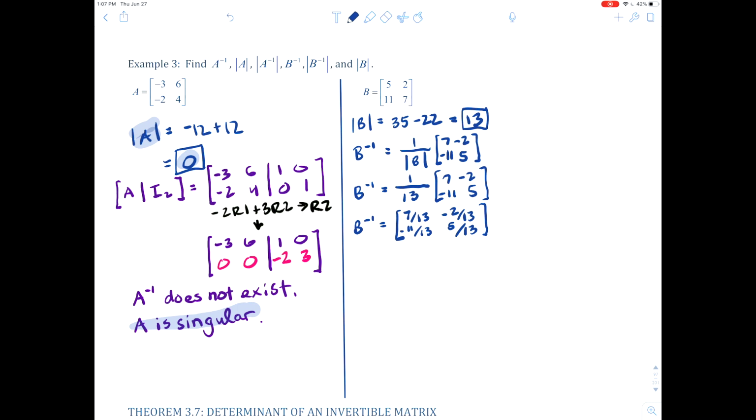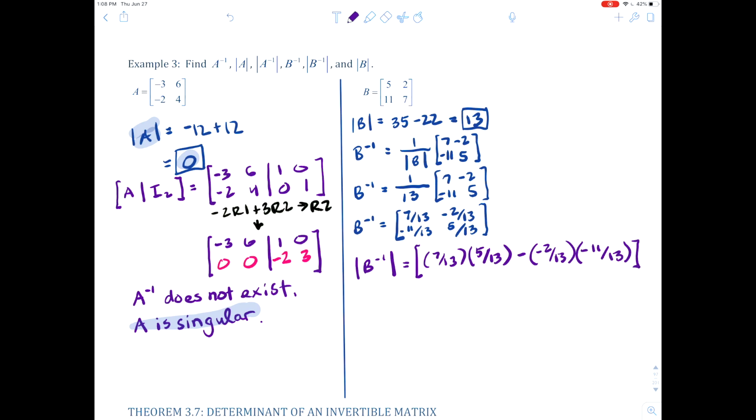Groovy? All right, so let's check this out. What is the determinant of B inverse? Well, that's going to be 7 thirteenths times 5 thirteenths minus negative 2 thirteenths times negative 11 thirteenths.